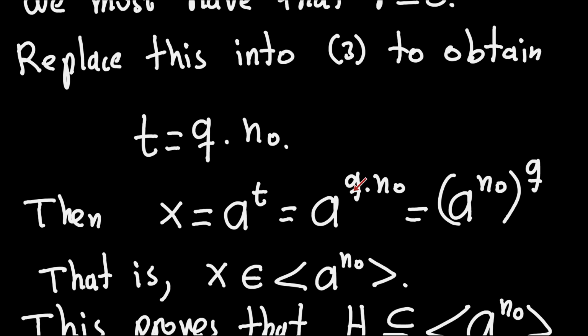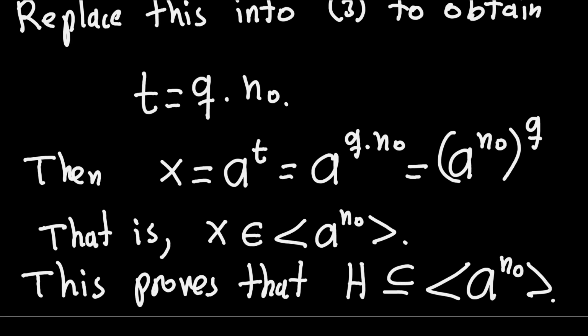T is this one. You can replace it by Q times n0. And this can be rewritten as A to the n0 to the Q. What does this mean? It means that the element X is an integer power of A to the n0. That is, X is here.